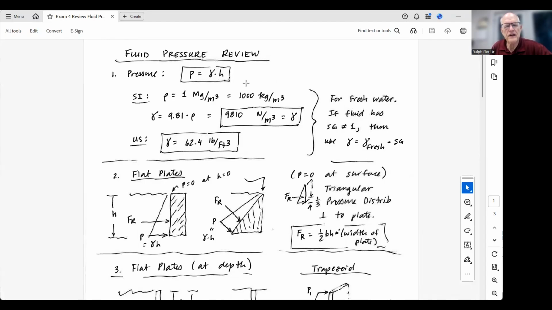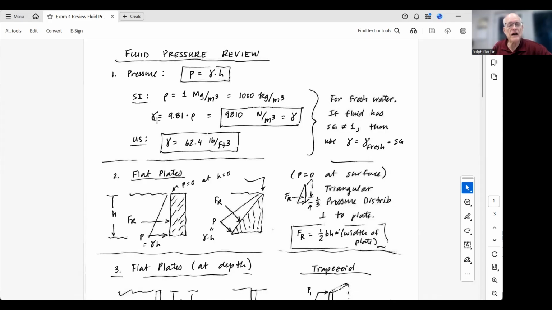Pressure at depth is equal to rho g h or gamma h. Gamma is a specific weight. It's in pounds per cubic foot, or in newtons per cubic meter. In the SI system, we have rho equal to 1,000 kilograms per meter cubed, or sometimes you see 1 megagram per cubic meter, but 1 megagram is the same thing as 1,000 kilograms, and that's a mass density.